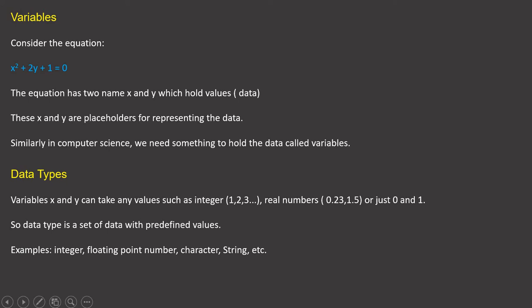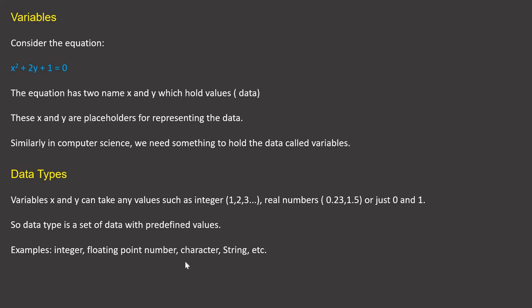Let's say we say x and y are the integer type of data, which means we are defining the data type, and the data type here is integer. And if we say the integer data type is used for x and y, there is a particular set of data which is defined inside the integer.